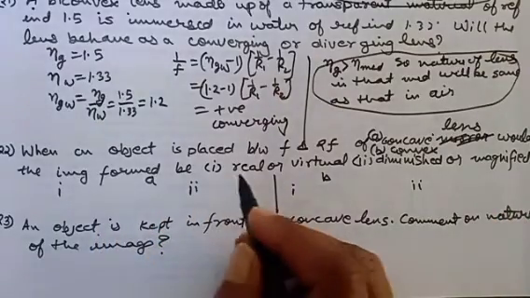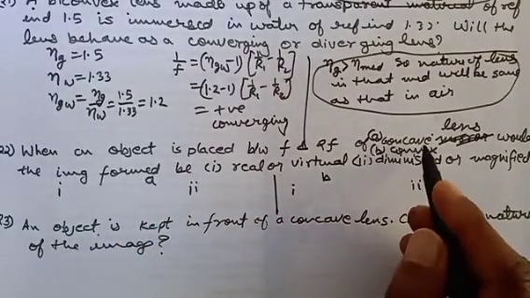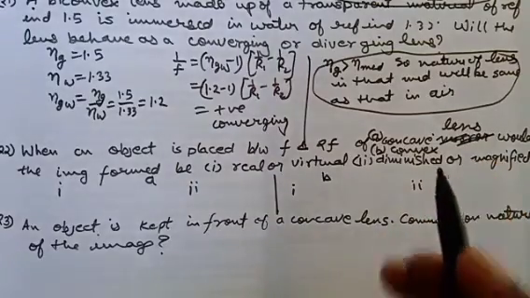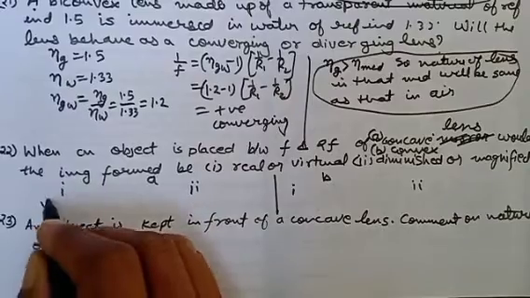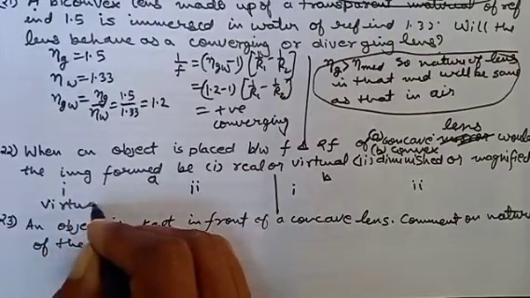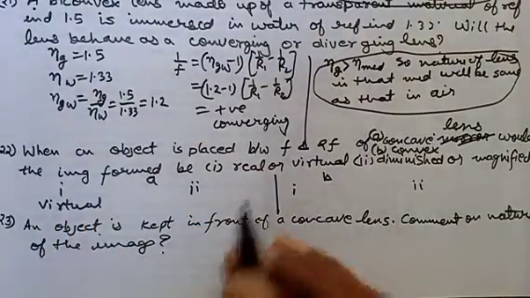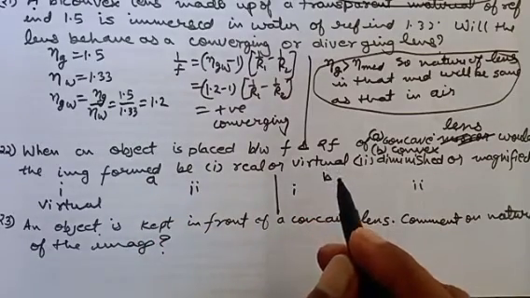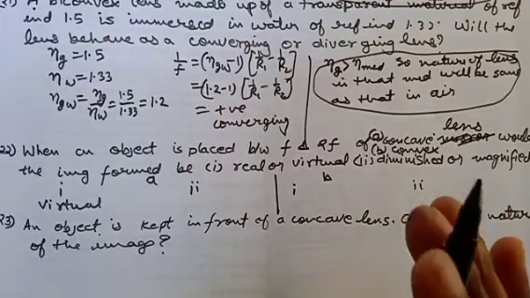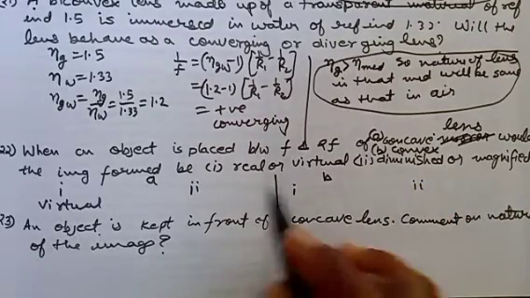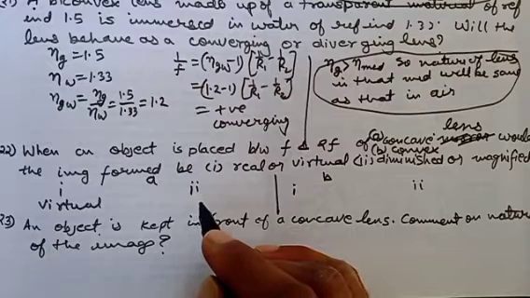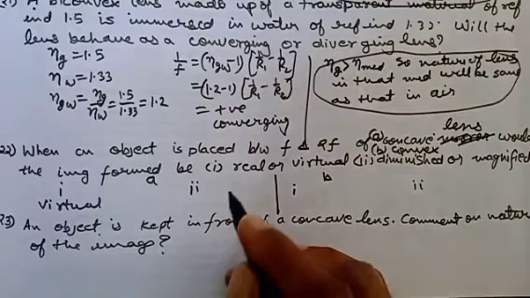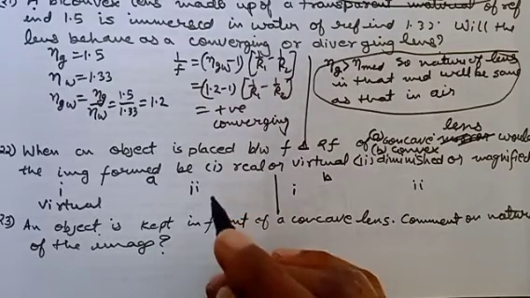Okay, so the first part, concave lens. We know a concave lens always produces a virtual image. Oh, I want to just change my words, because no other condition is given. Whatever I'm writing here is true when that lens is placed in a rarer medium, when the medium is rarer.